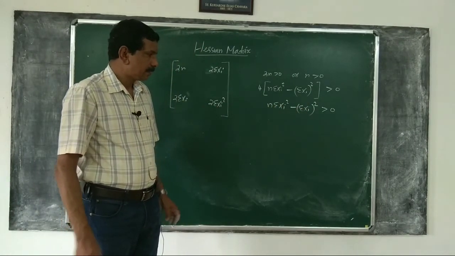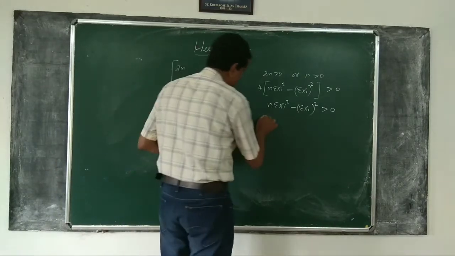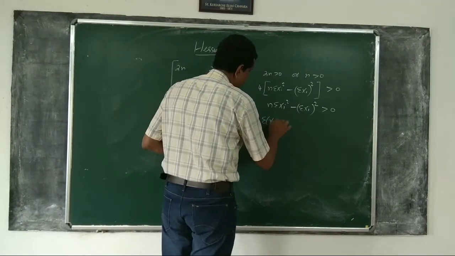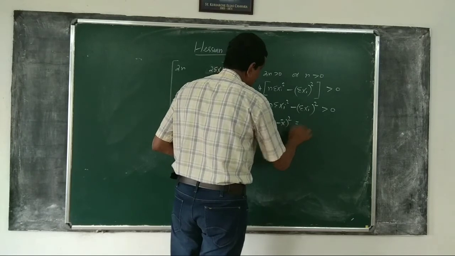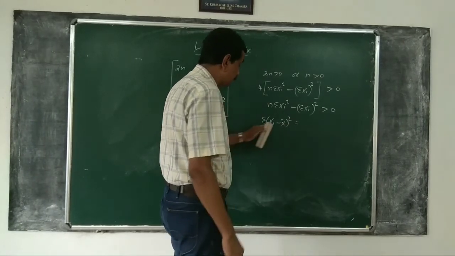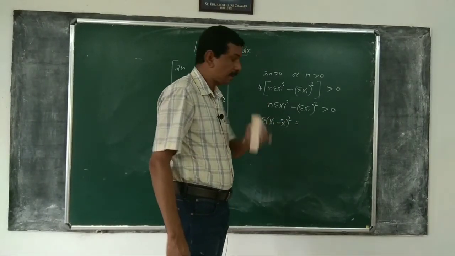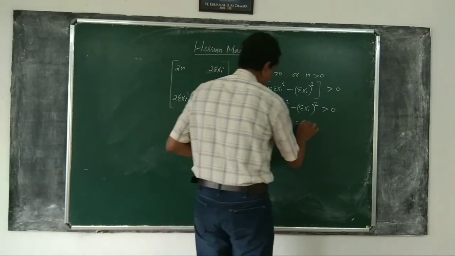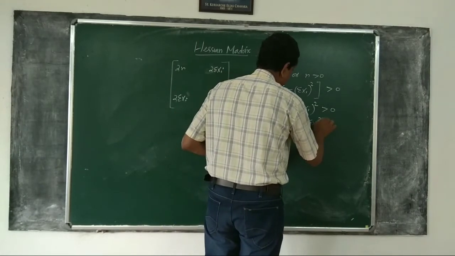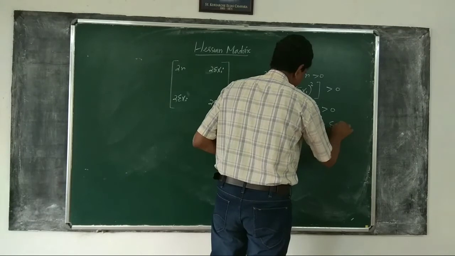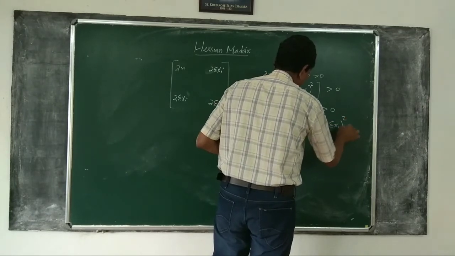Now we know that the expansion of sigma xi minus x bar square is equal to n into sigma xi square minus sigma xi the whole square, divided by n.